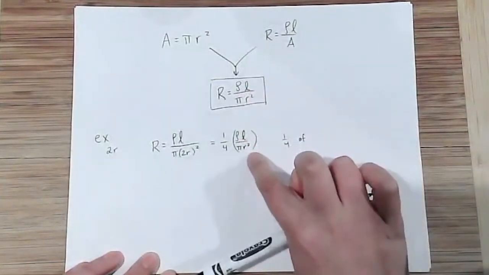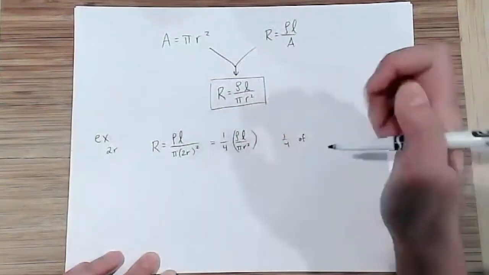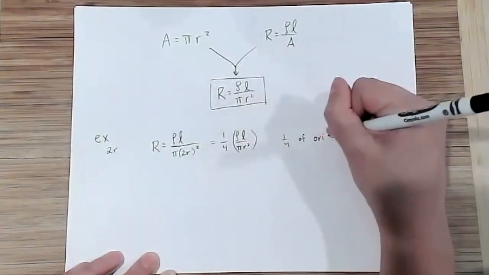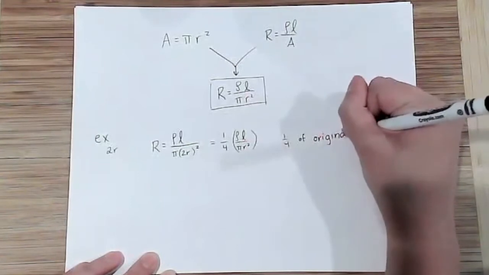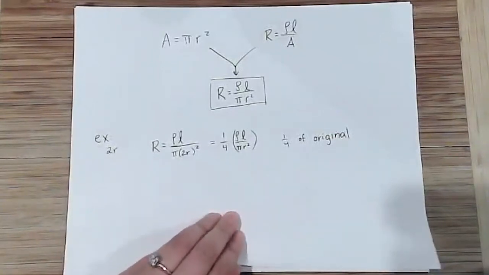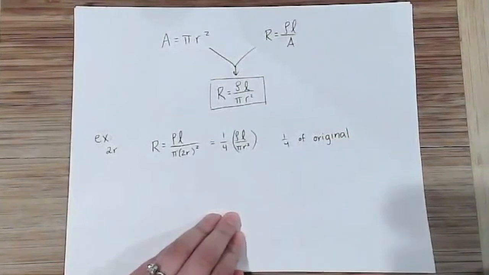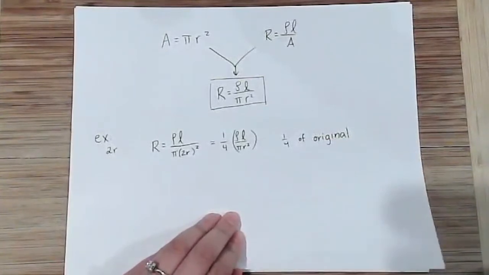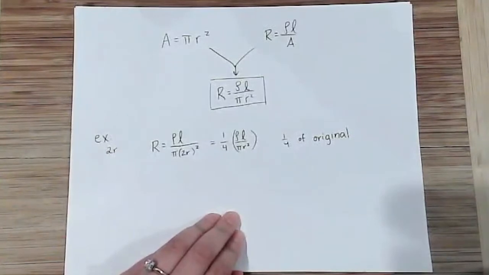Notice how this that I sorted to the right is the original resistance equation. So changing the radius has that squared relationship in the denominator. All right, so if your class only needs to know proportions, you're set. But if your class has to solve problems, stick with me for a second.